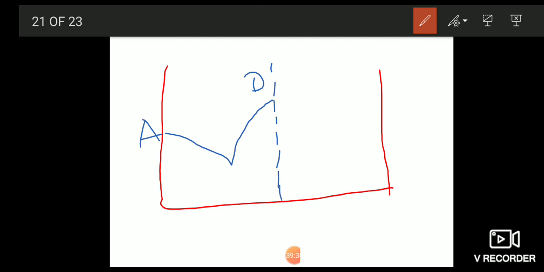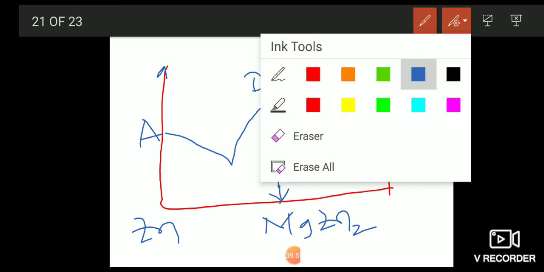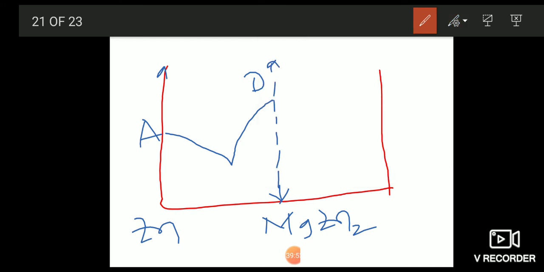This y-axis is regarding MgZn2, and the other y-axis is regarding zinc. Now the remaining half diagram.